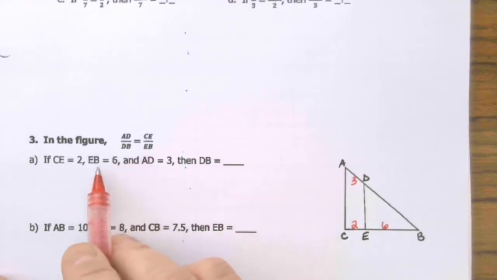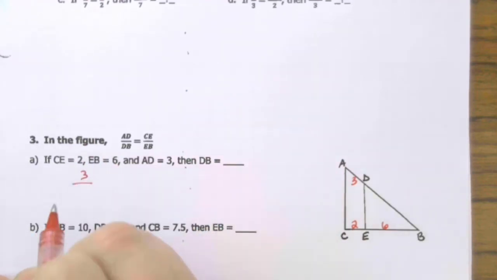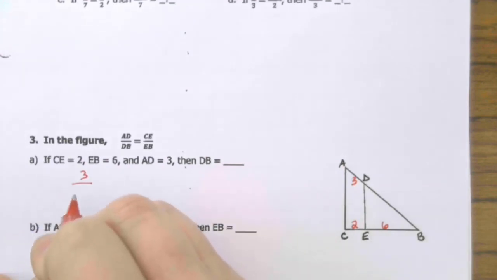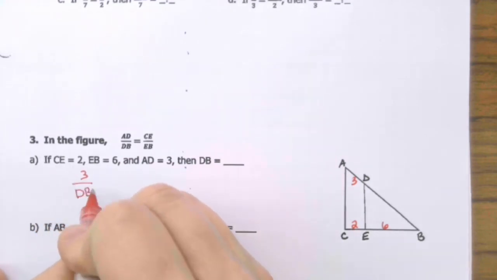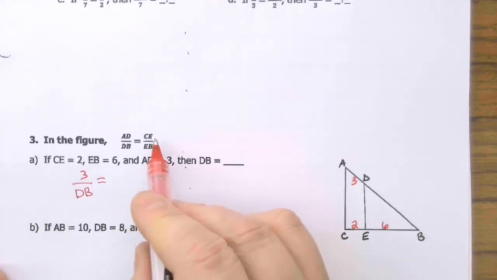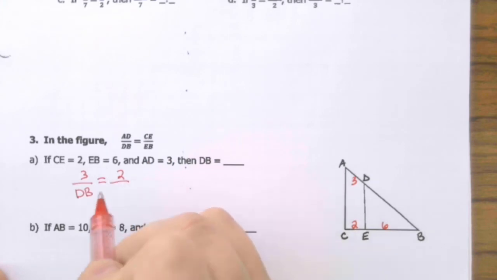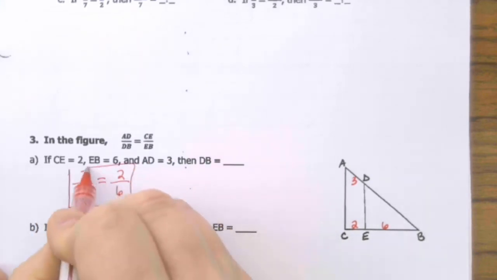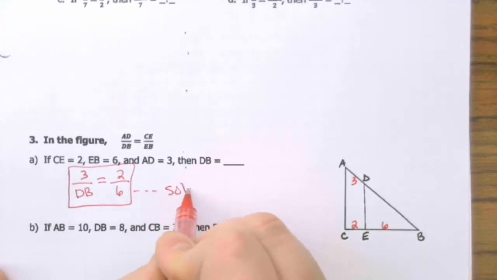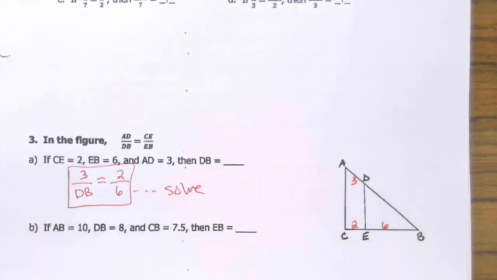AD is 3 over DB, which is what I'm trying to find, equals C to E, which is 2, over E to B, which is 6. So that would be your setup on that one to solve.